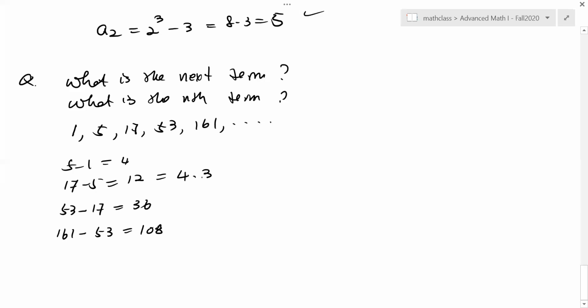So here's 4 times 3, okay? And here it's 12 times 3, so 12 times 3 is 4 times 3 squared. And the same here, it's going to be 36 times 3. 36 times 3 would be 4 times 3 cubed, okay?